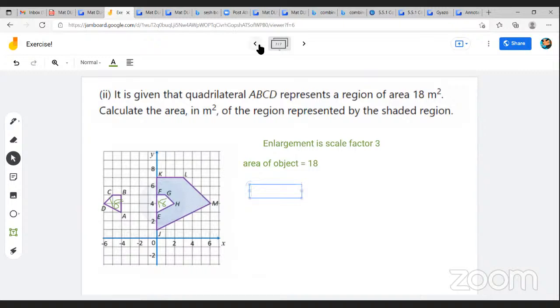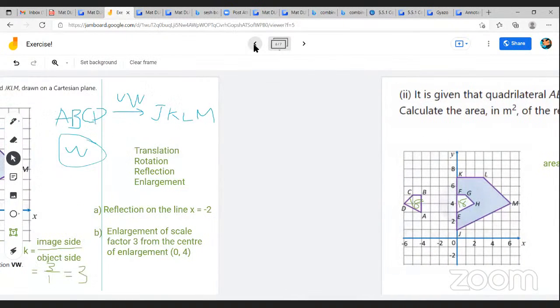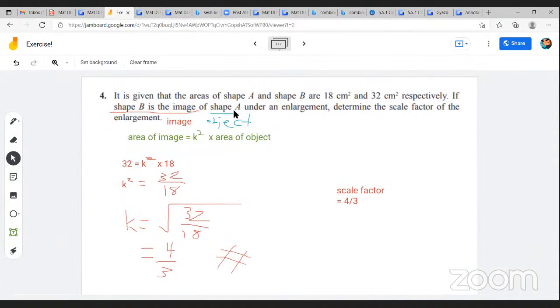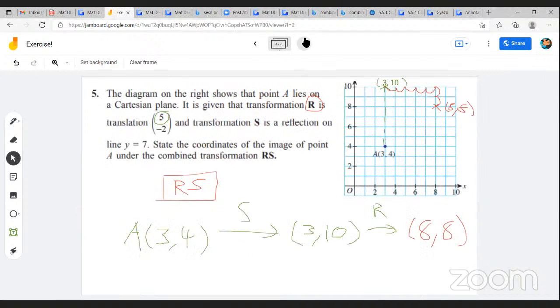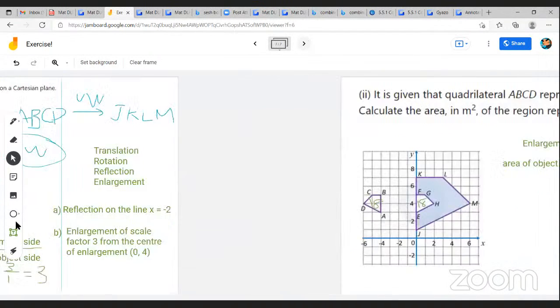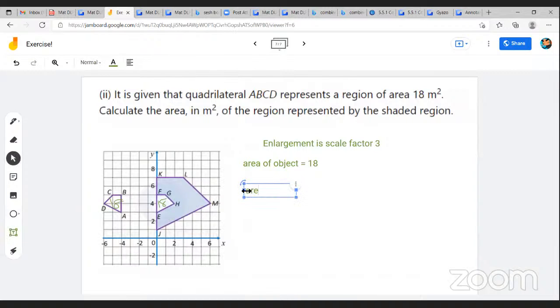Now, if you remember our formula from just now, the one they'll put in your exam, if you're stuck you can look for the formula again. Area of image is equal to k squared times area of object.